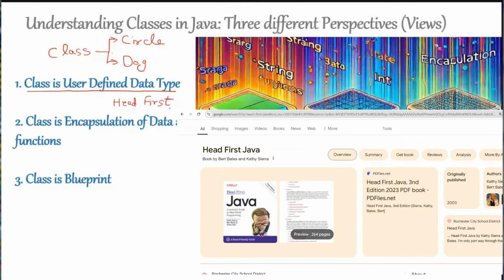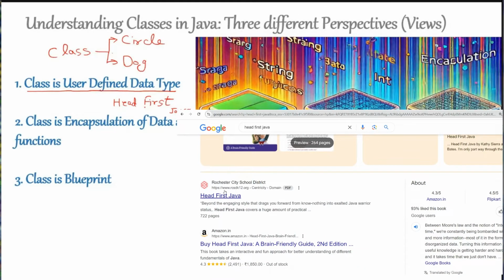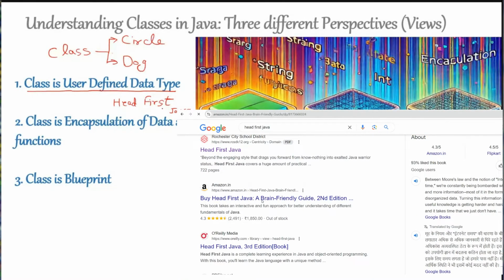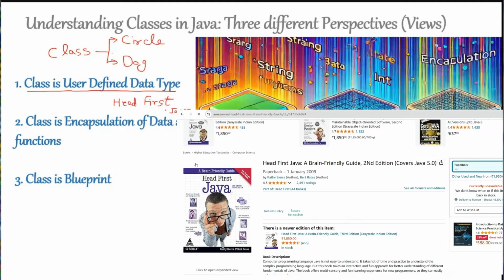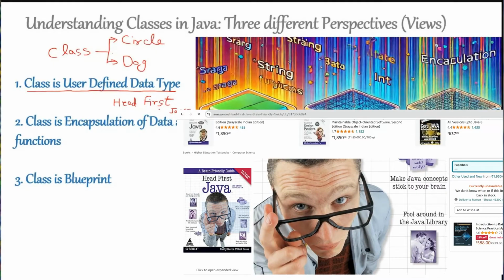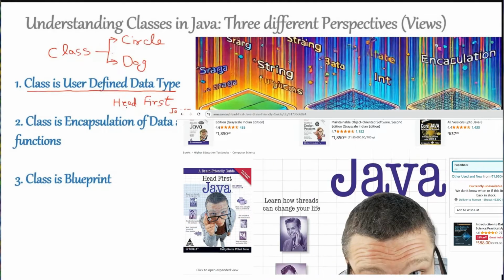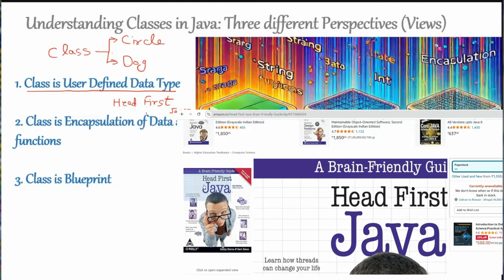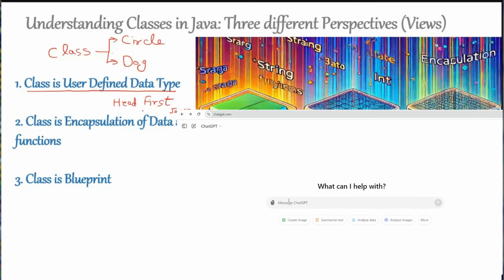This book is the most standard and the most popular book to understand Java programming, and it is written by one of the best authors and best programmers of Java, Kathy Sierra. Just type Head First Java on Google, and you may find the PDF also, and you may find different links for purchase of the hard copy and other things also.